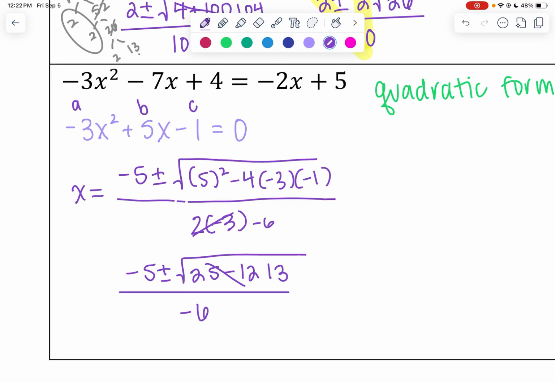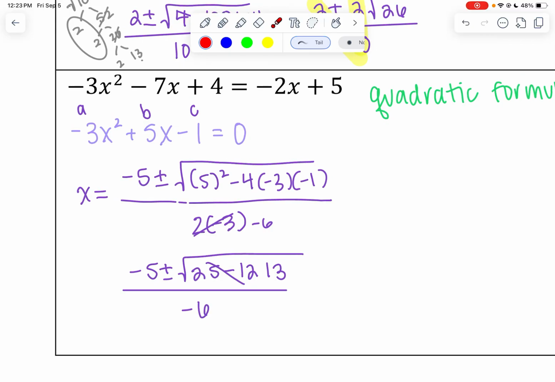But there's one more thing that's left. If 2 negatives make a positive here, don't say -5 over -6. Like -5 over -6 is just going to simplify to be 5 over 6, and so that's one where I would just leave it. Oh, you know what?